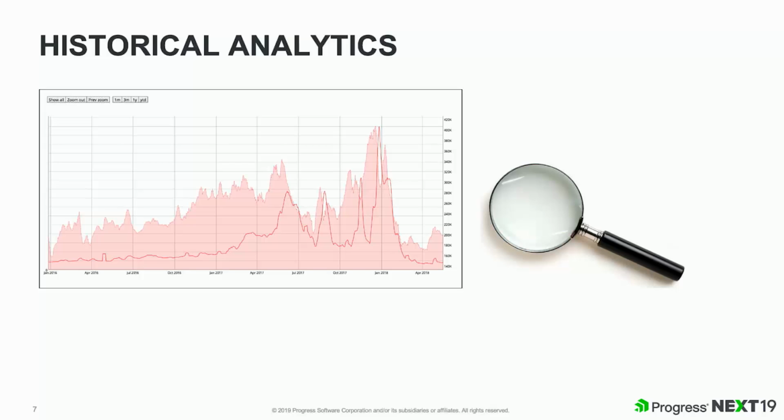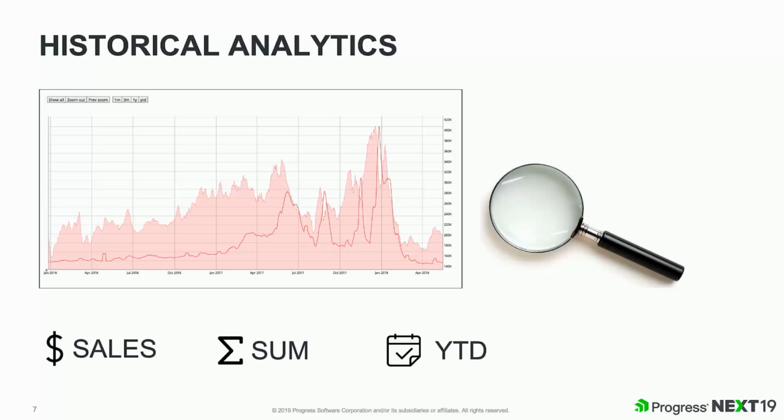That is, take a search lens, a magnifying lens, and look through and probably look at sales over time. Because I aggregate it, I can create a sum, I can do an average. I might also say year to date or monthly view, or I can also do drill downs.